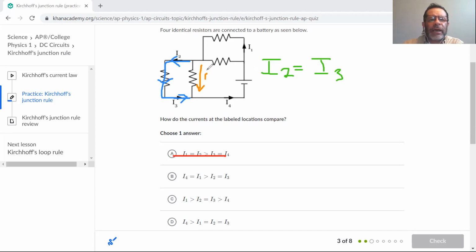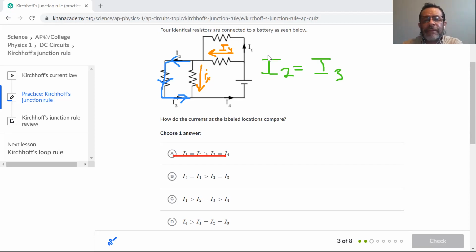I'm going to call it IX. And then there's also going to be a current going through this resistor, which I'm going to call IY. Would you agree? Every resistor is going to have a current.